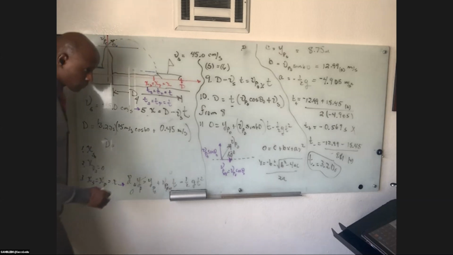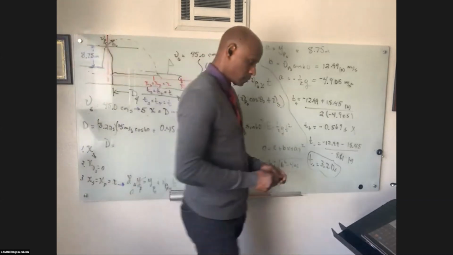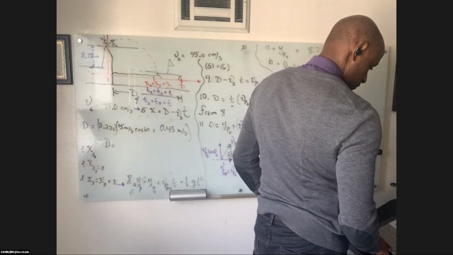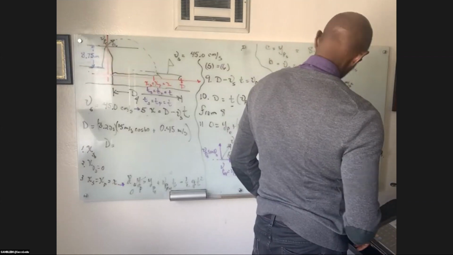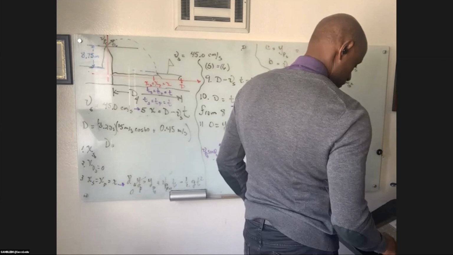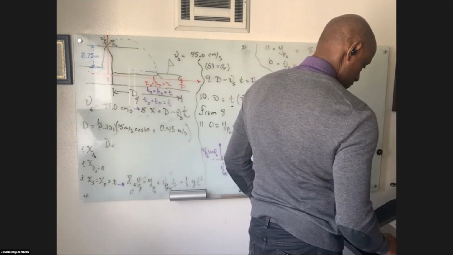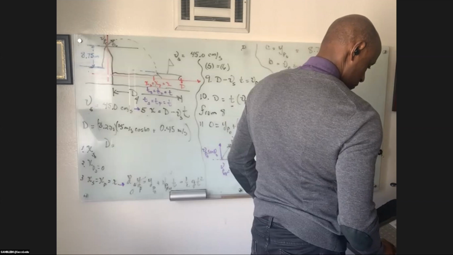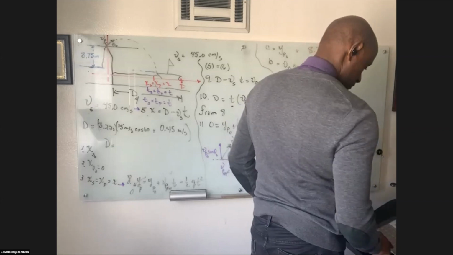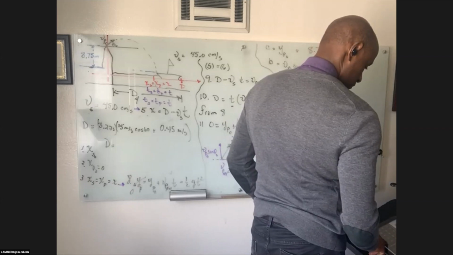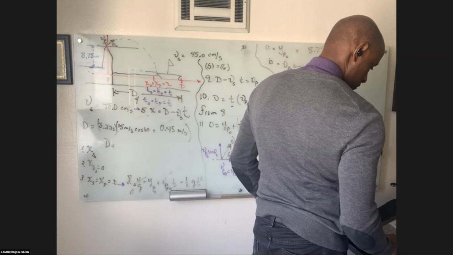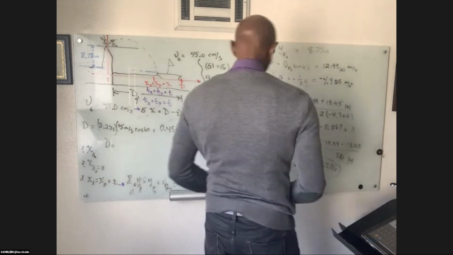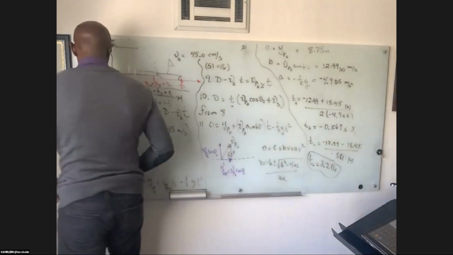So D equals, with 3 sig digs, I get 25.5 meters.